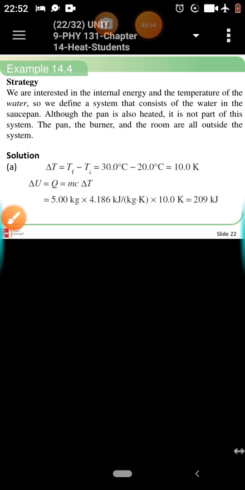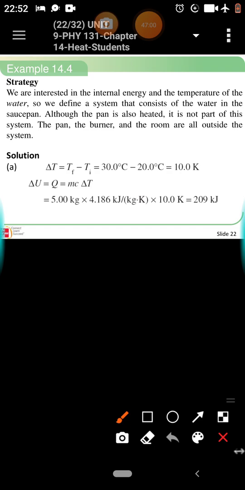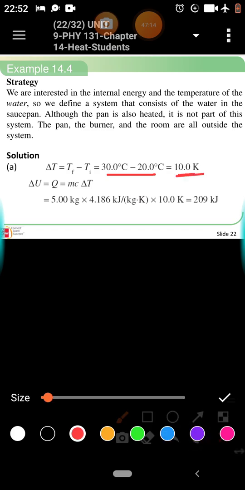So now the change in temperature, this will be in degrees. I'm not sure why they put 10 Kelvin. Okay, it's a very simple thing.